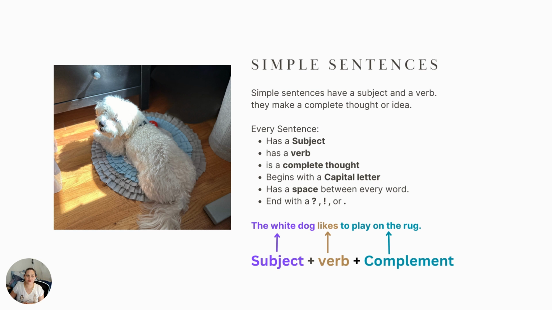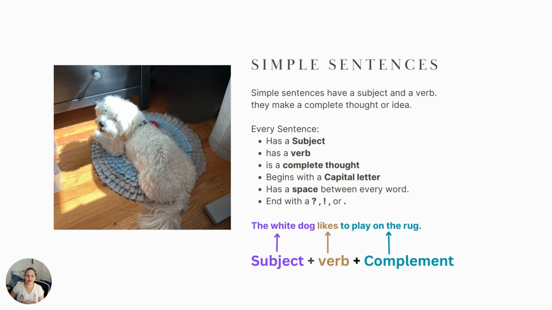When you're starting to write a paragraph or any sentence, you start with a capital letter. And then after each word, you leave a space. And usually, or always, any sentence has punctuation at the end. In this case, it could be a period, an exclamation mark, or a question mark.